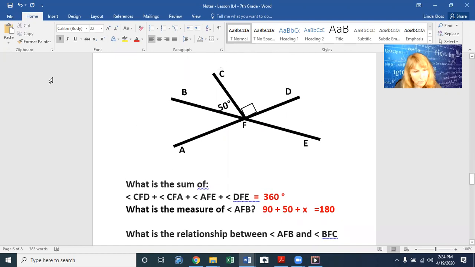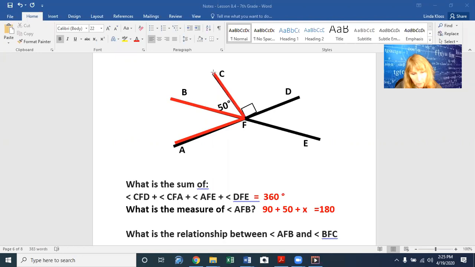Okay, AFB, let's figure that out. AFB, right here. What's the relationship between AFB and BFC?